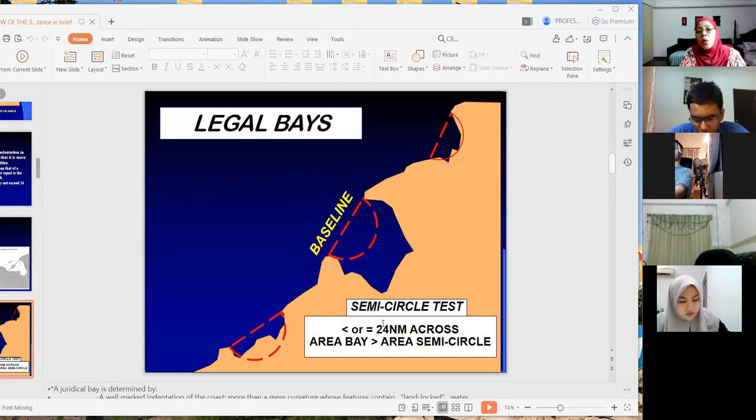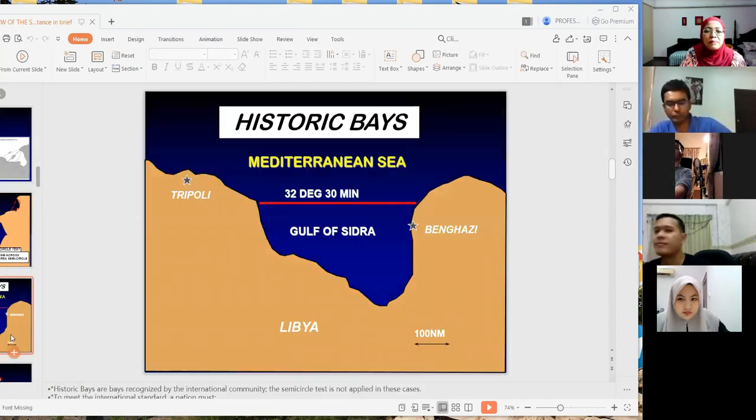There is also a situation when they call it legal bay, historical. Historical rules come into the picture. This bay is actually Fonseca Bay. When it is Fonseca Bay, the opening of the mouth is more than 24 nautical miles. So all this measurement is what is being adopted.